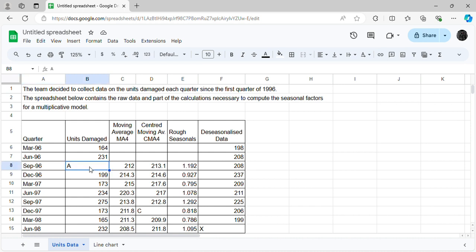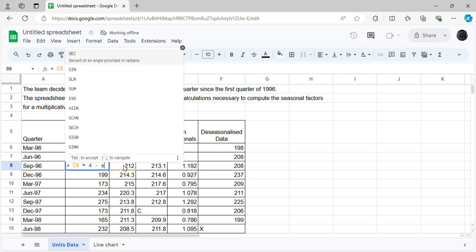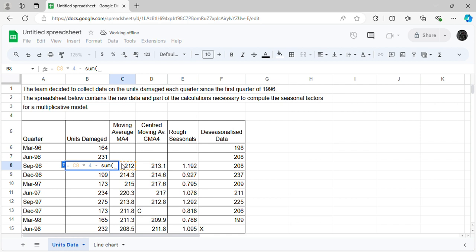To find A, we type equals 212 multiply by 4, then subtract the sum of the given values 164, 231, 199, and that's 254. Let's make it bold.